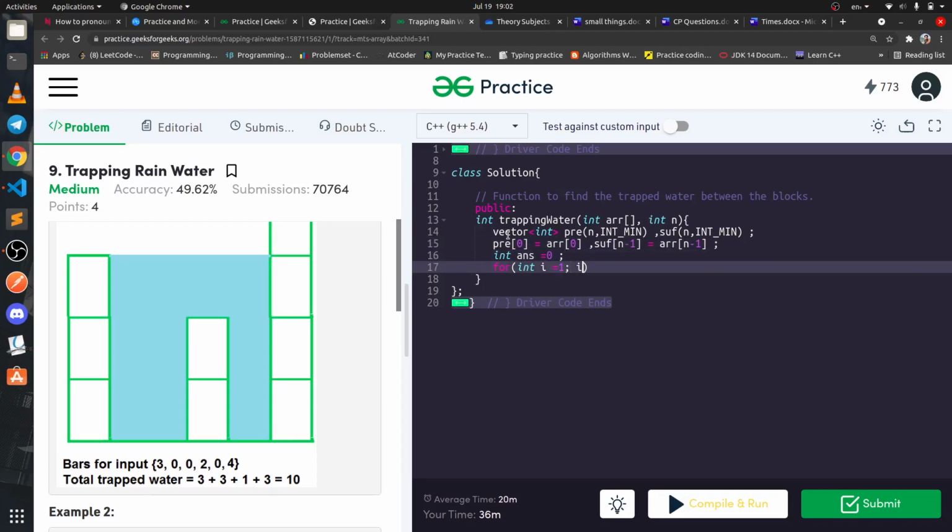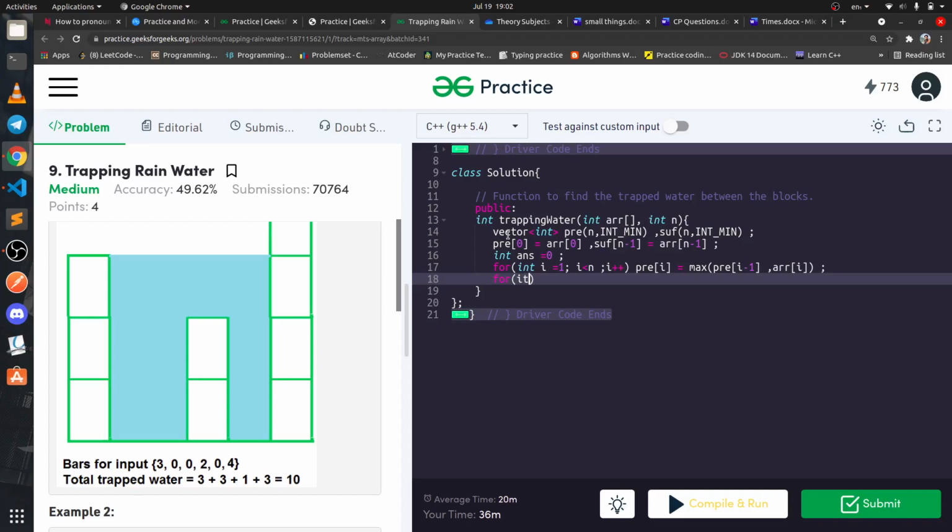Let's go from i equal to 1 to i less than n, i plus plus, and pref i will be equal to max of pref i minus 1 comma array i. Okay, and for suff we will start from i equal to n minus 2 and go to i equal to 0, i minus minus, and suff i will be equal to max of suff i plus 1 comma array i.